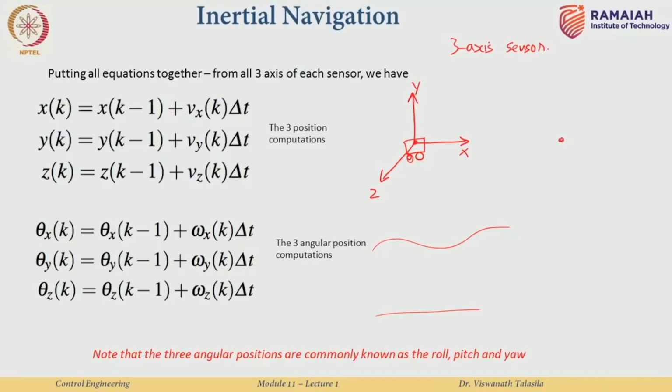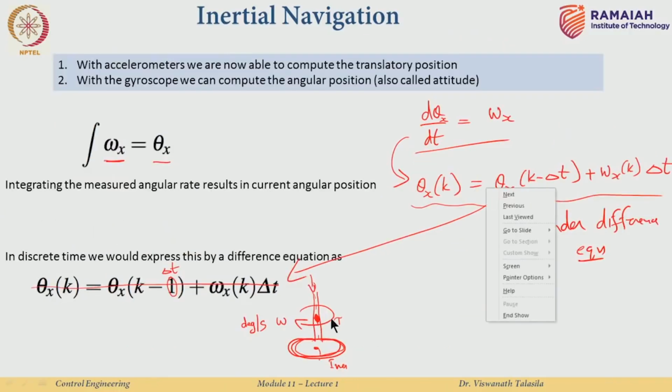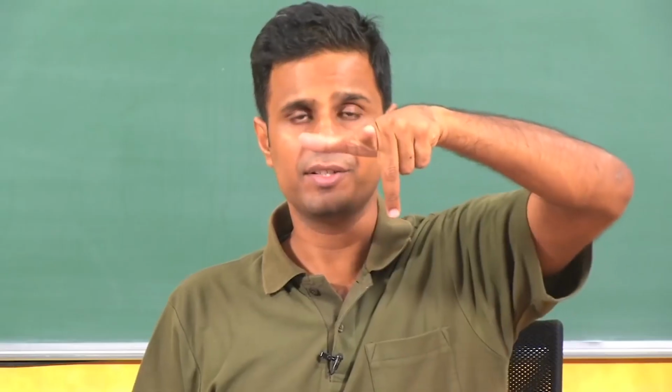A gyroscope in a similar way again has, so I can call this ACC along x, ACC along y, ACC along z. A gyroscope will measure the angular rotation rate with respect to an axis. I will give a brief idea of that now. Let us say that I have my 3-axis sensor.